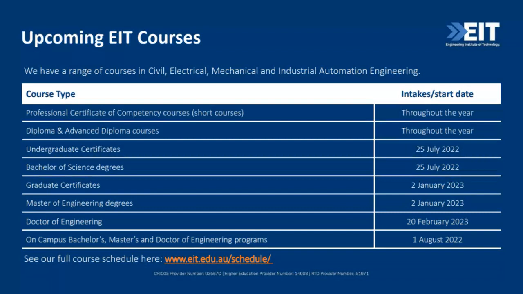Every course has a different frequency of intakes, so it's best to check the schedule page. I've included the link at the bottom of the slide, and the schedule page will show you all of our upcoming intakes, from the most upcoming to the latest.